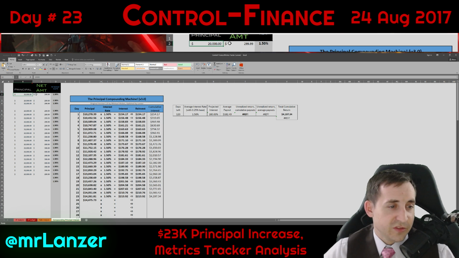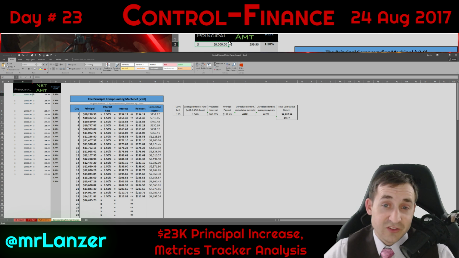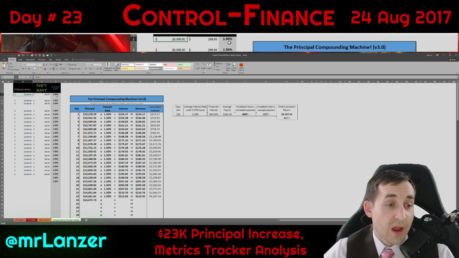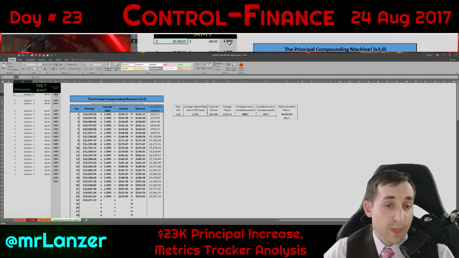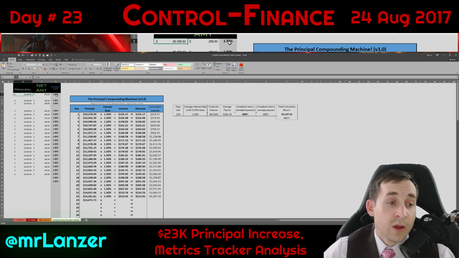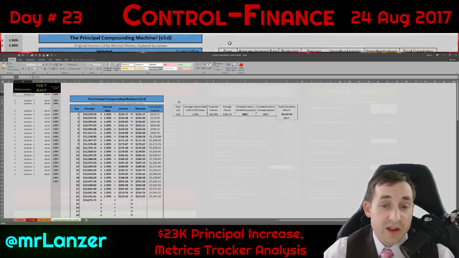Compounding interest. Because Control Finance actually has a real compounding interest thing going on here, that makes this much easier to compute. I had to properly annotate my BitConnect metrics tracker. It was not a true compounding interest scenario, so I have yet to change that.